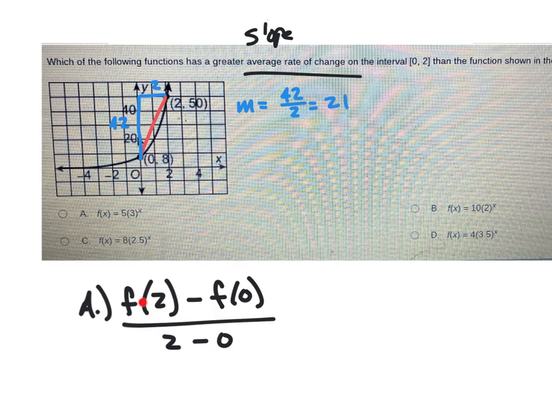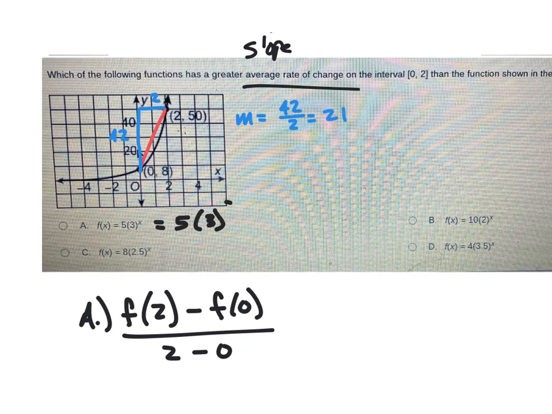If I'm finding f of 2, that means I'm plugging 2 into this function. So f of 2 here means 5 times 3 squared. 3 squared gives us 9, times 5 is 45. If I plug in 0 into this function, I have 3 to the 0, which is 1. Anything raised to the 0 is 1.